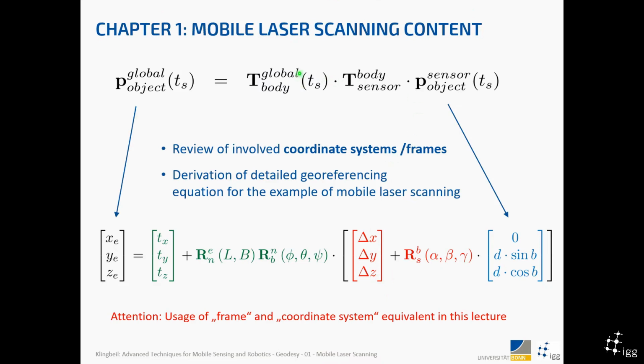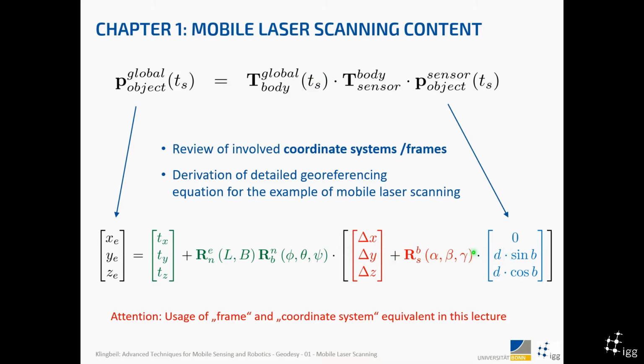Okay, so this is chapter 1. We're talking about mobile laser scanning. So this was the equation which was given before, also last semester already, and which in a very general manner shows what we actually want to do, right? We want to derive these transformations here. What we see below is basically the same equation as up here, but in a more detailed way.